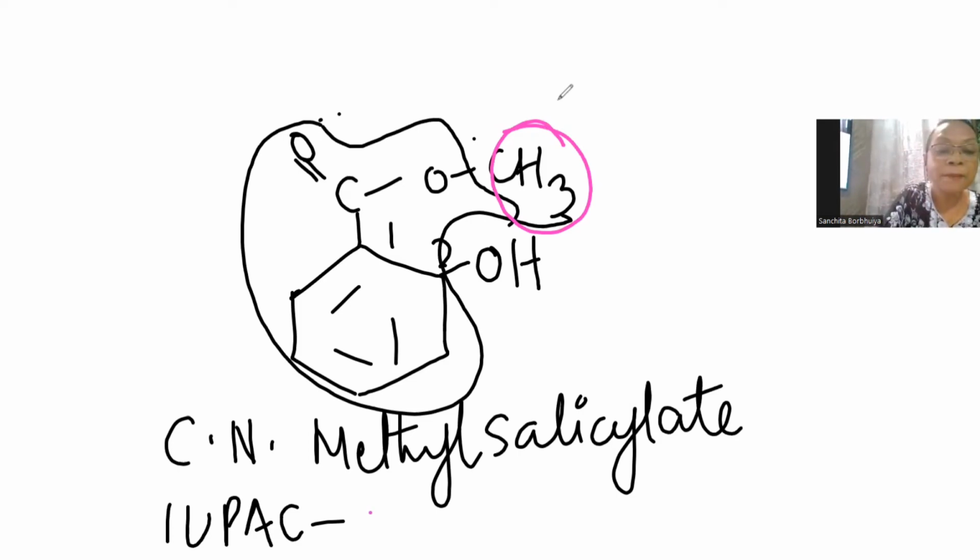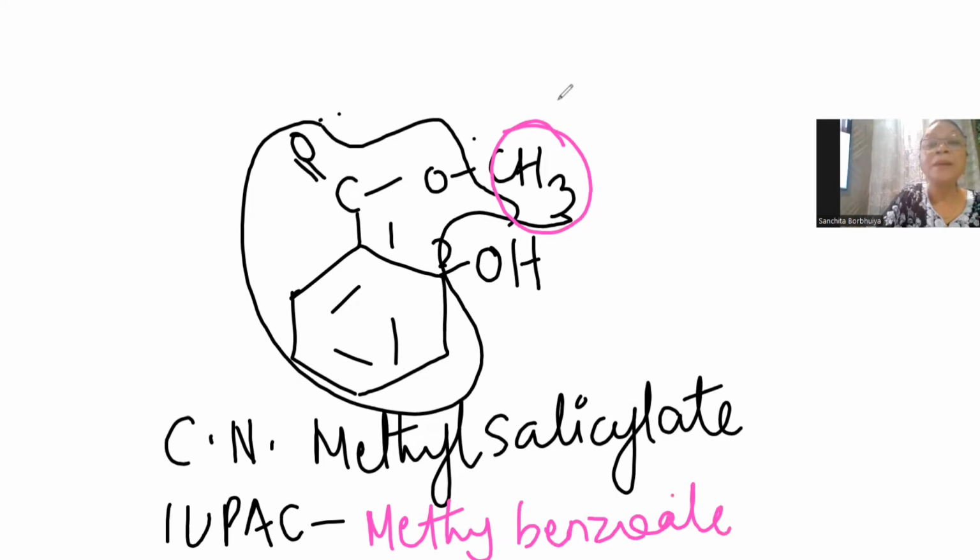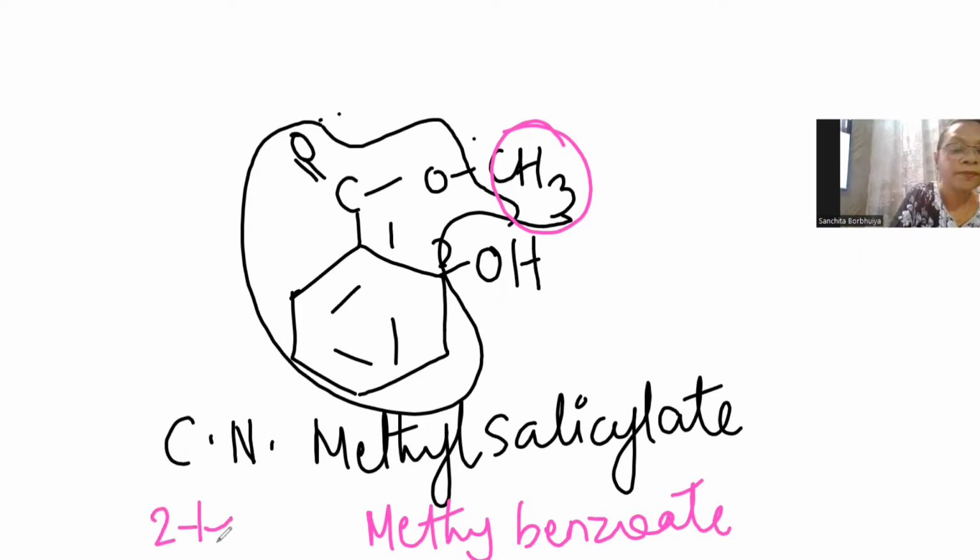So this is methyl benzoate. Right? This is methyl benzoate. But since there is a hydroxy group present at the second position, we have to call it methyl 2-hydroxybenzoate, which is the IUPAC name of this compound.